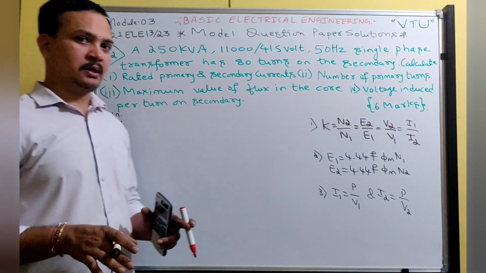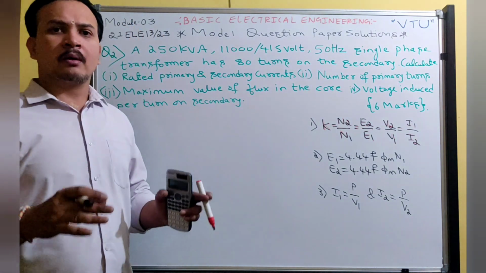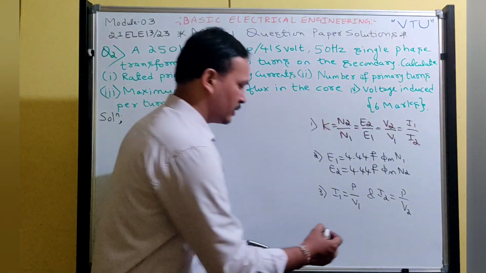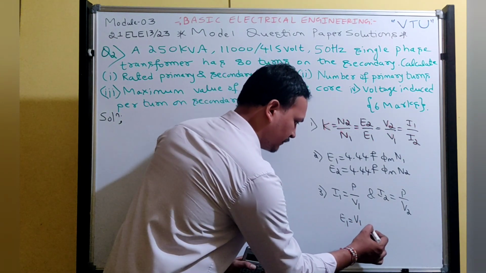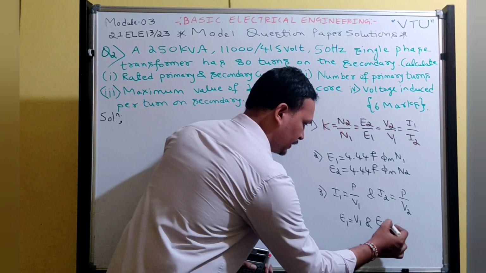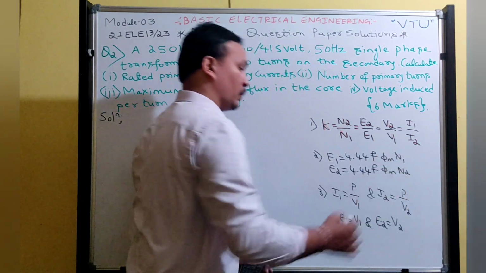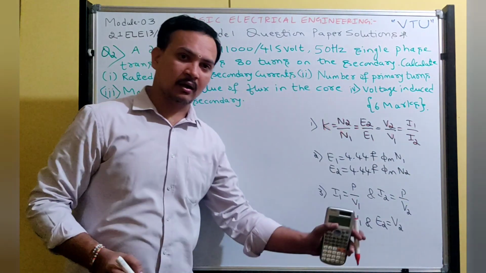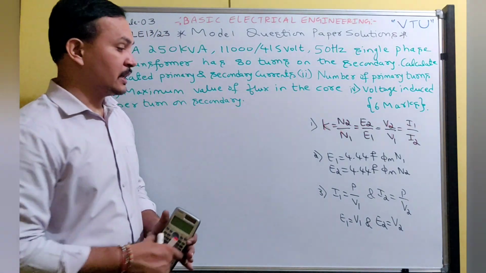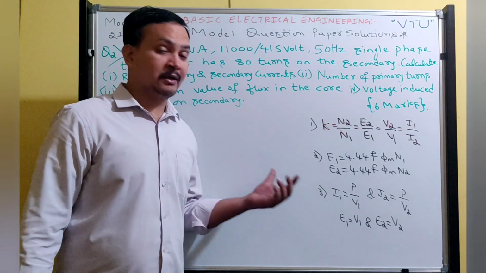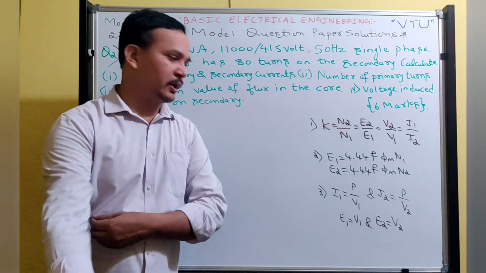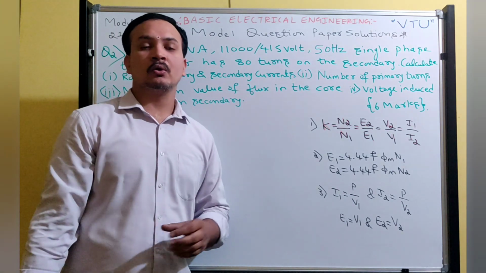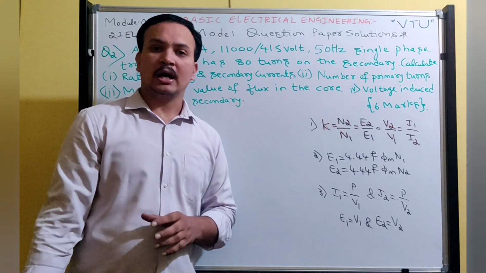See, in first year, for all problems on the EMF equation of transformer, you can consider E1 equal to V1 and E2 equal to V2. Actually, these two are not equal, but that is an advanced level topic. Definitely there will be a drop in the windings. Your induced voltage will never be equal to the voltage you are going to apply.